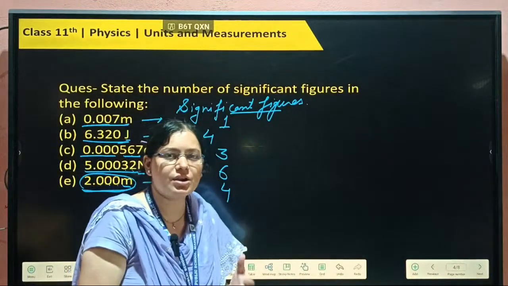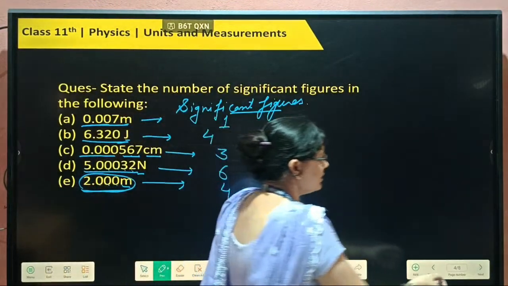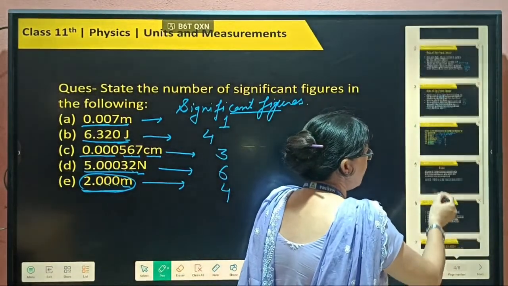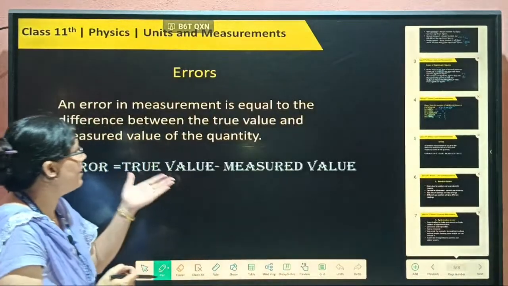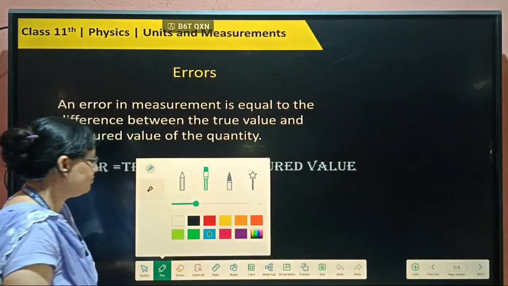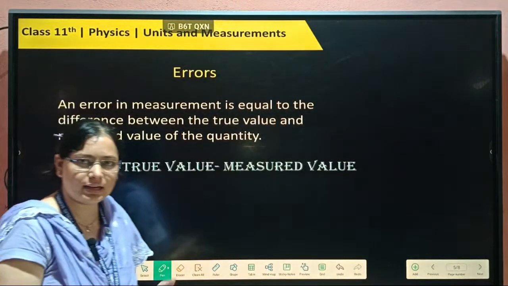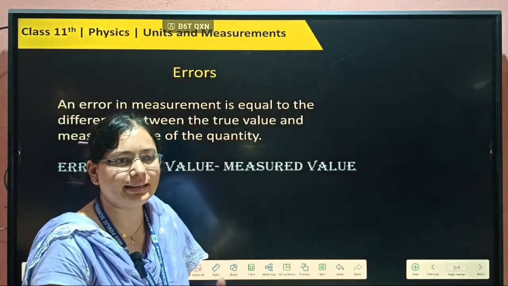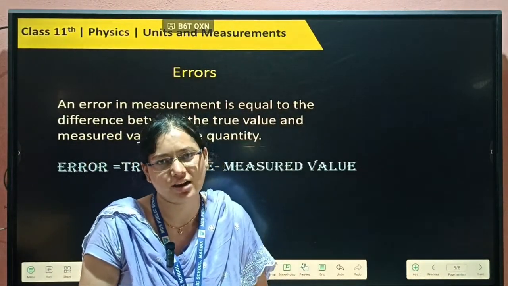Okay, now the last topic of this unit, that is error. This was significant figures, how we can find them. Now next, error. Okay, what are errors? Beta, if we are doing any practical work in our lab, we find different values using our instrument.